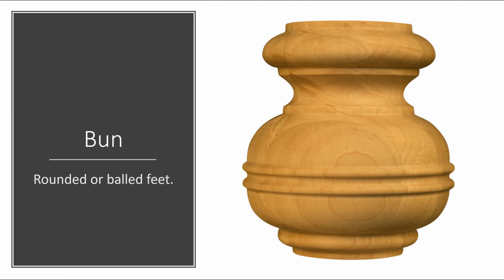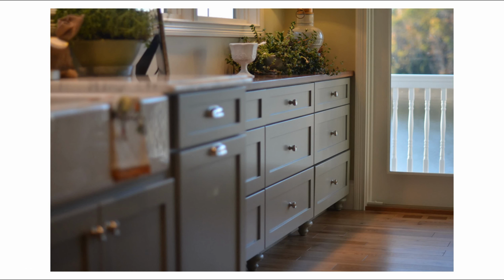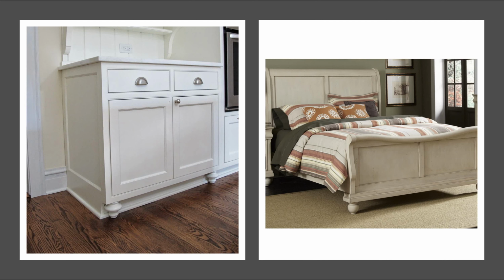So these are rounded or bald feet, and they look like a hamburger bun. Oh, sorry, that is actually a turnip foot, but it is a style of a bun foot. So you can see on the bottom of that island or that kitchen counter that it's got the bun/turnip feet. The countertop as well has another bun/turnip, and then the bed has a bun type foot with a pad on the bottom.